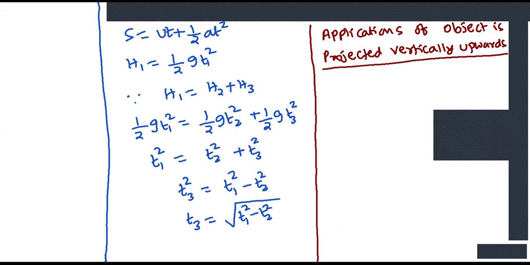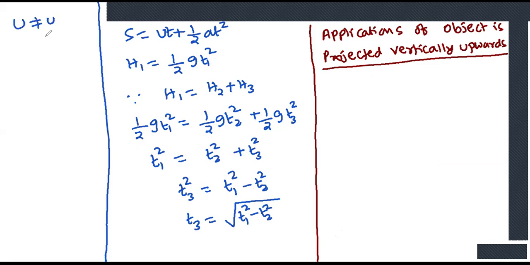U is not equal to 0, V equals 0 at maximum height, and acceleration equals minus g. These three points, remember.